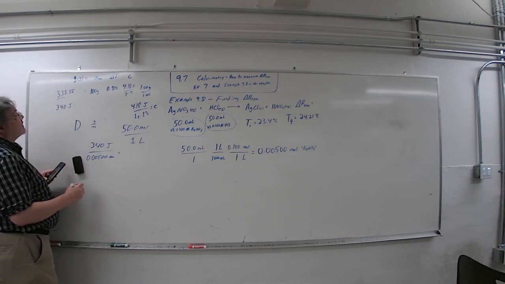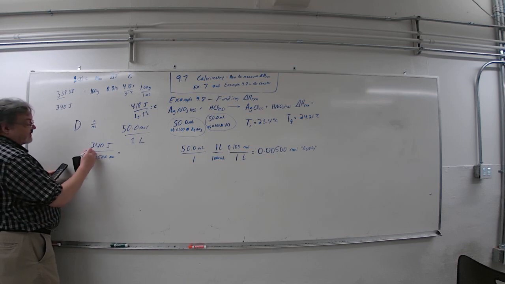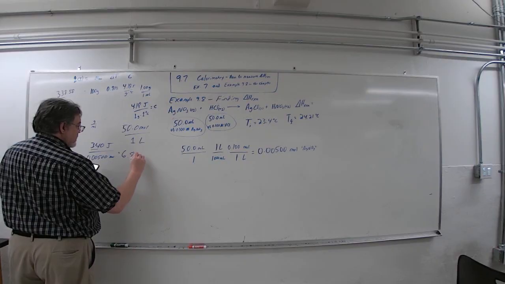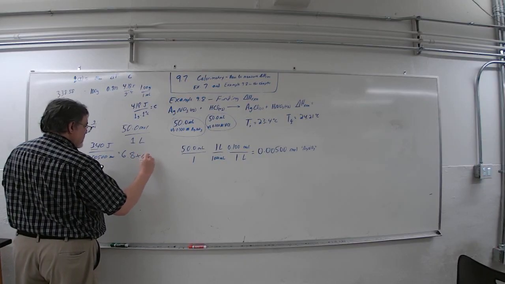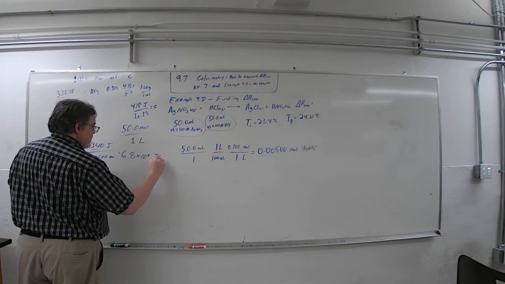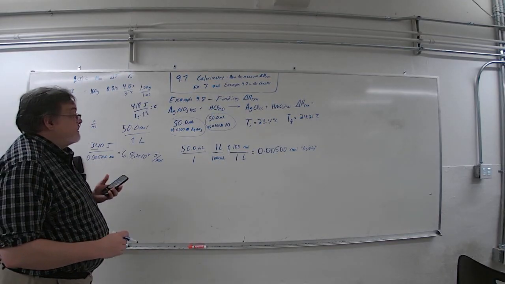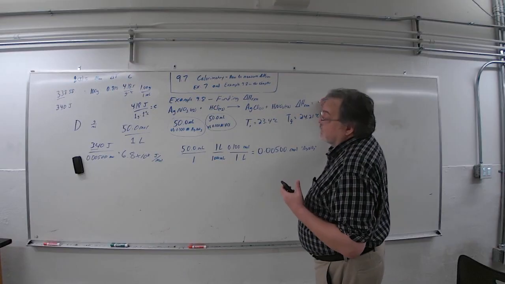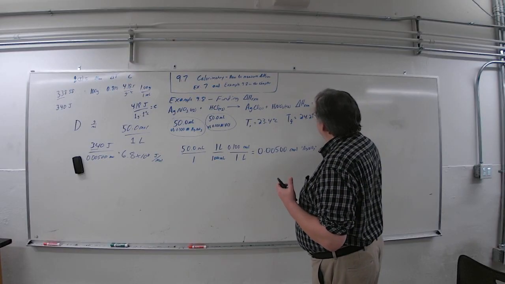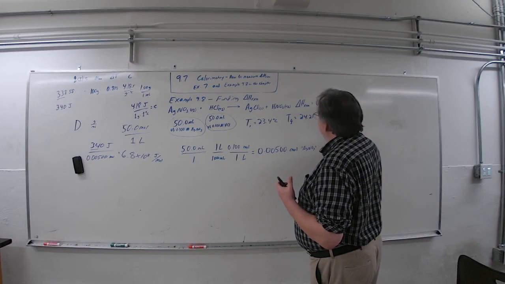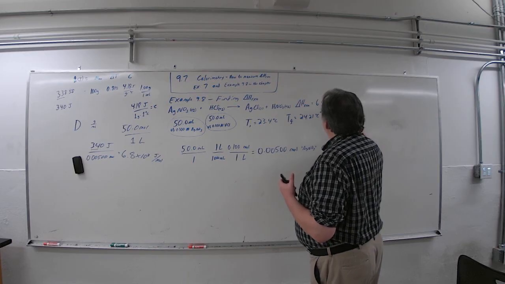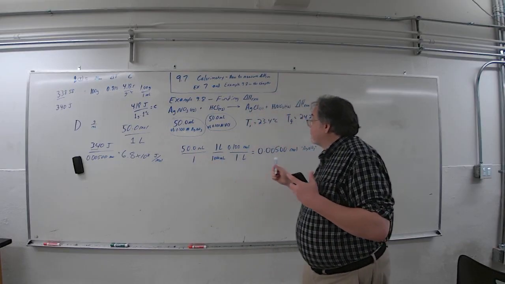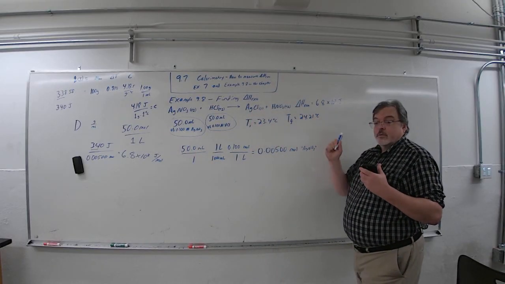I have two significant figures there, so I'll have to go with that. There's only one mole of this, so I can write it this way instead of joules per mole.